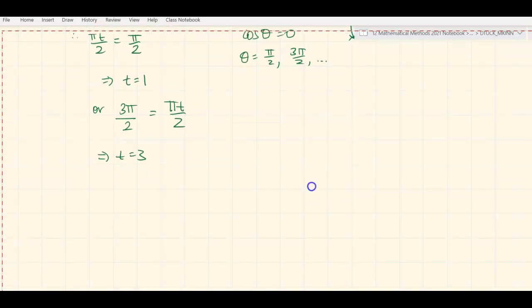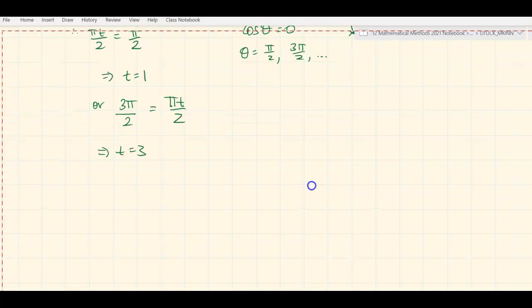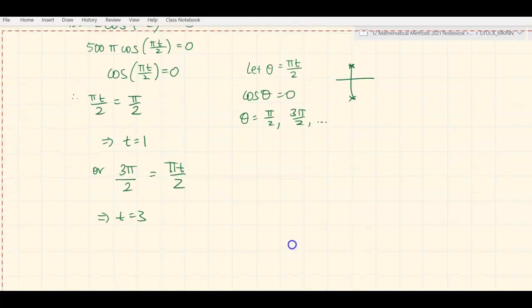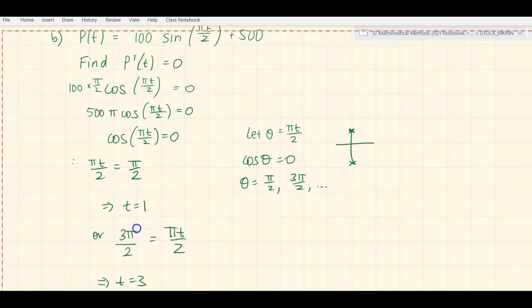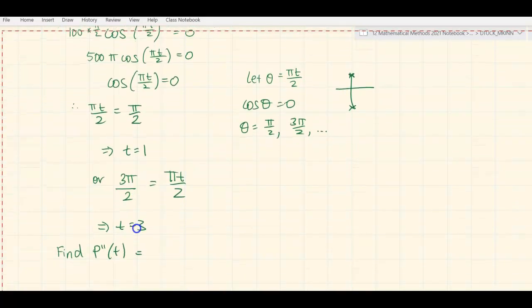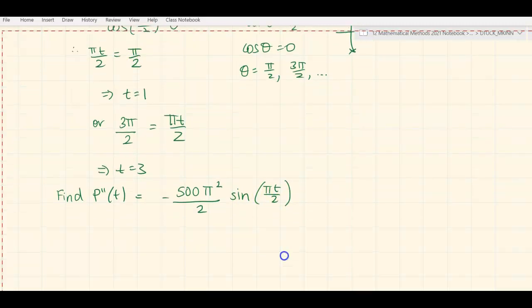So now we need to find the second derivative of P(t), which is going to be 500 pi squared on 2 negative sine pi t on 2, which simplifies to negative 250 pi squared sine pi t on 2.